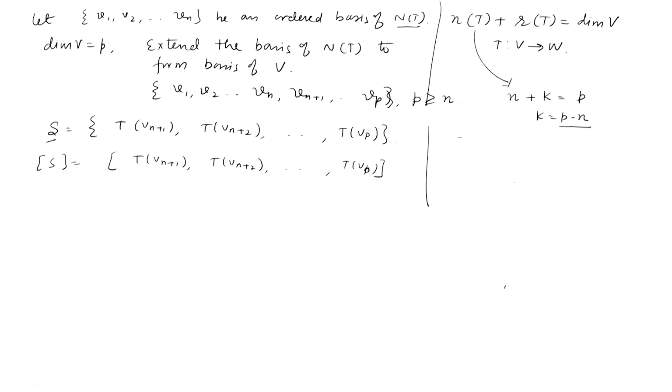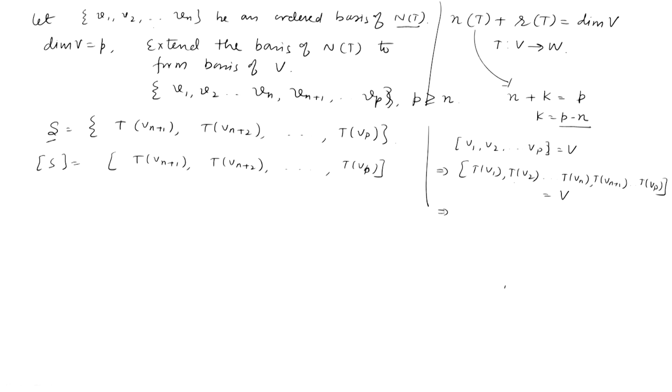Now here the span of V1, V2 up to Vp is equal to V, because this is a basis of V. So, the span of T V1, T V2 up to T Vn, T Vn plus 1, and so on up to T Vp is equal to R(T).